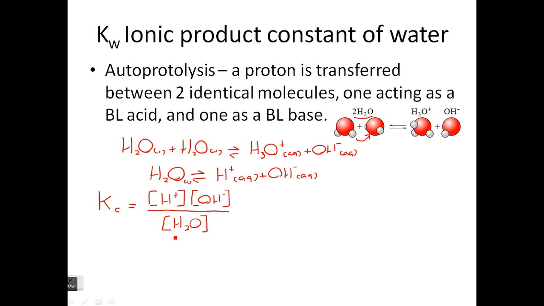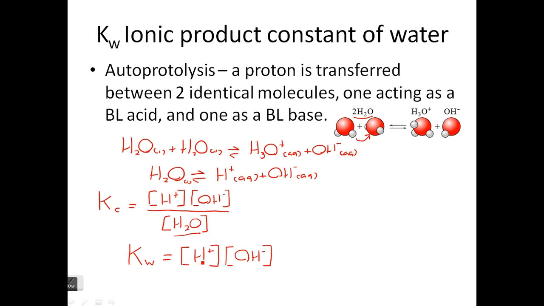Now, because so little of the water ionizes, we can combine the Kc and the H2O to give us something called Kw. Okay, so Kw is written like this.